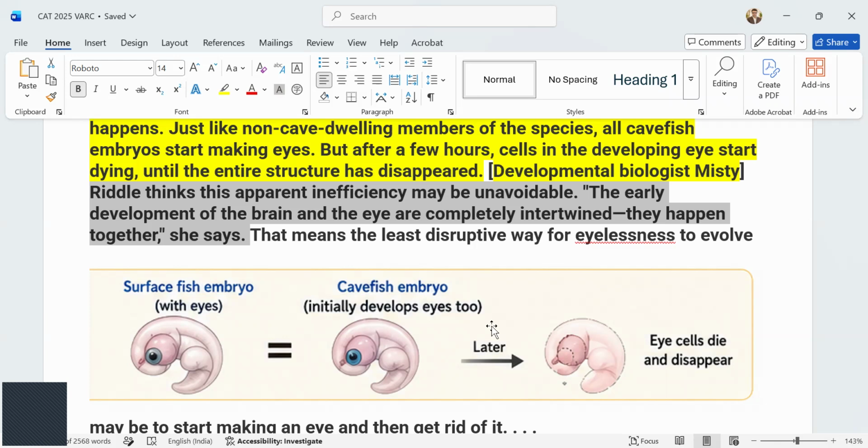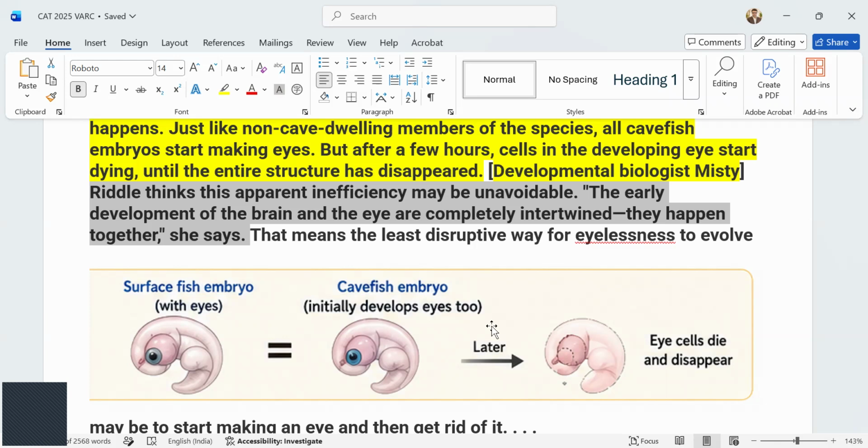So this is the way it has been described: evolution itself, as I've mentioned, is not creating something new, but whatever the existing structure is, it is just modifying it. And why is it not starting with no eye at all in the fish?